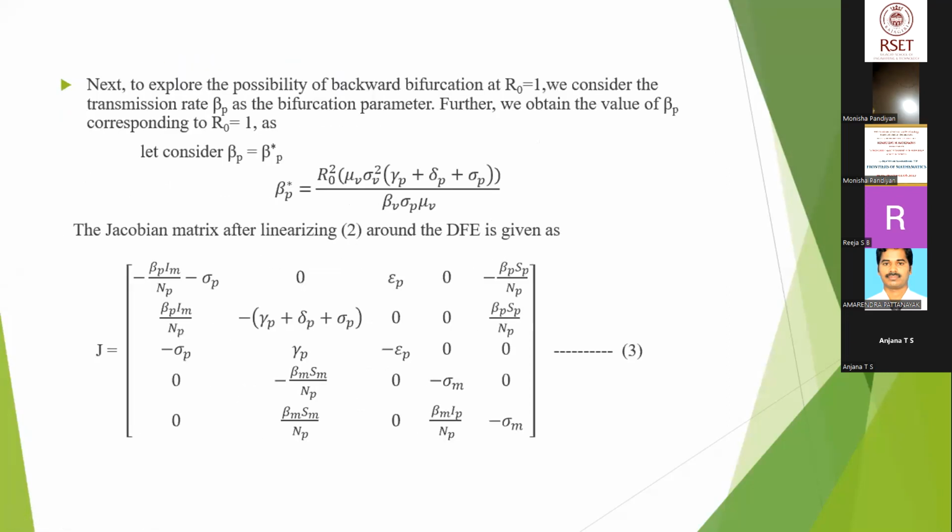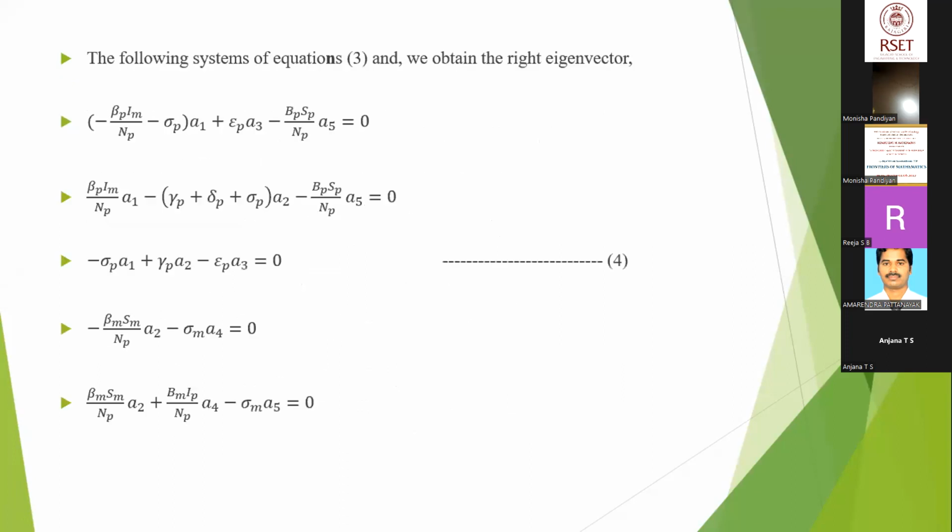Next, we have to explore the possibility of backward bifurcation at R0 equal to 1. We take the basic reproduction number equal to 1, and consider the transmission rate beta as the bifurcation parameter. So we use the Jacobian matrix to solve the backward bifurcation by the center manifold theorem.